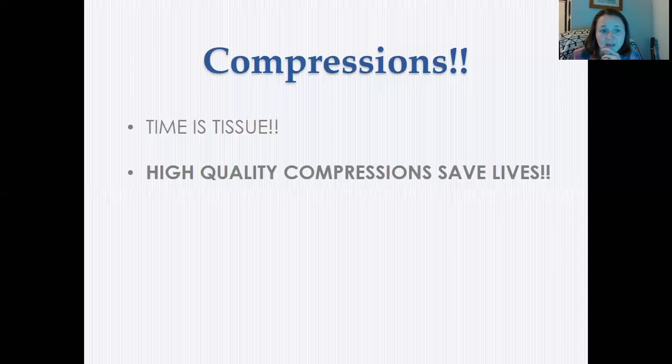I heard, and I haven't actually had this confirmed, maybe because I'm in denial about it, that the American Heart Association is changing the song from Staying Alive to Baby Shark, which sounds awful. We used to, to make sure you're getting the right number of compressions, do the song Staying Alive, Staying Alive, Staying Alive, and that gets you that 100 to 120.